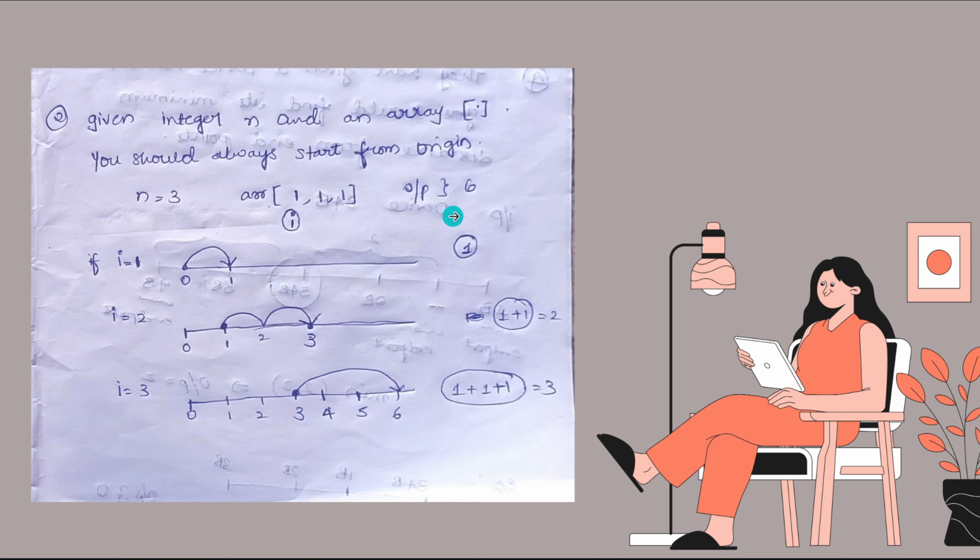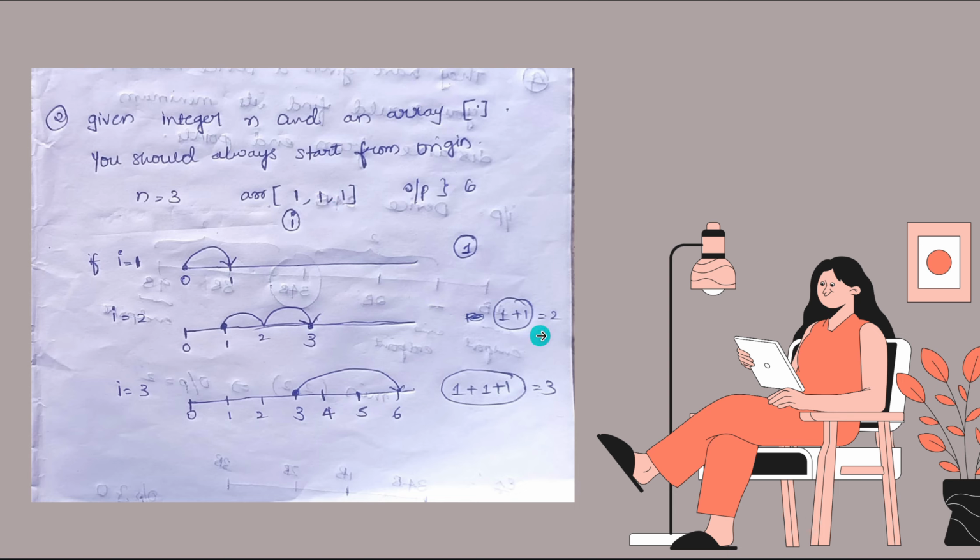See, at the first index the element is 1, so you can jump one jump. Then with i plus plus, you are now at index 1 because you have jumped previously. Now previous 1 plus this 1, that is 2, so you can jump 2 jumps.